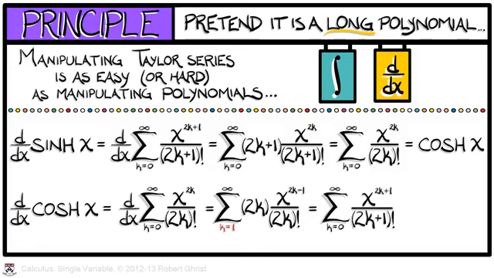Reindexing properly gives us the sum, k goes from 0 to infinity, of x to the 2k plus 1 over 2k plus 1 quantity factorial. That is the hyperbolic sine of x. And so we see that the hyperbolic trig functions are very nice. The derivative of sinh is cosh, the derivative of cosh is sinh, and this becomes clear from the Taylor series.